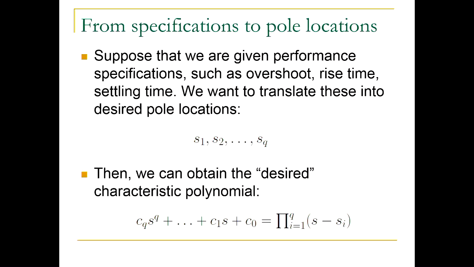Now, note that this set of desired poles would always be admissible in the sense that any complex poles would always appear in complex conjugate pairs. So the idea is, all right, we have a set of specifications. How do we translate that into a set of desired poles, or in other words, this characteristic polynomial?